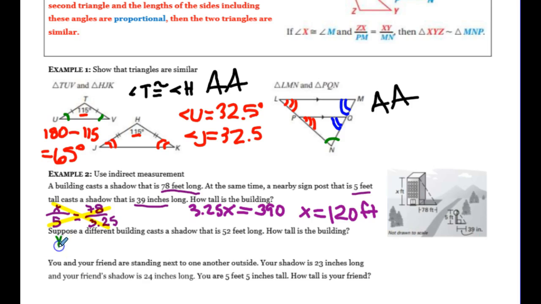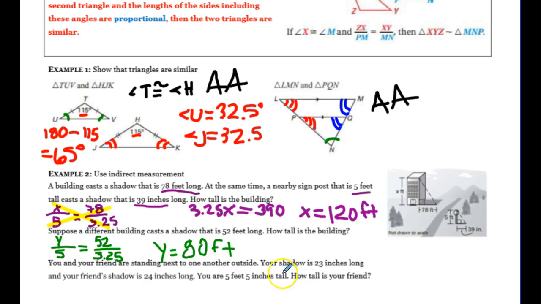And I'm going to call this one Y. So Y over 5, but it's the same setup, equals 52 over my post shadow converted to feet. And then when we solve our inequality, we should get that Y is equal to 80 feet.